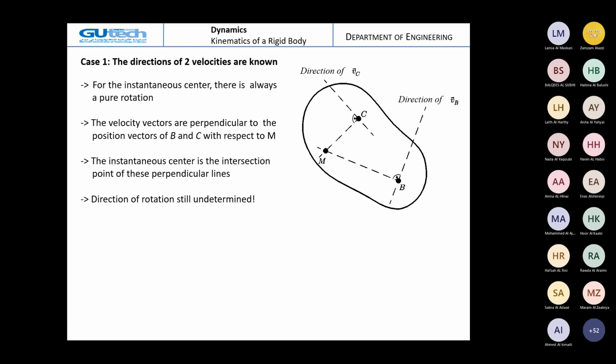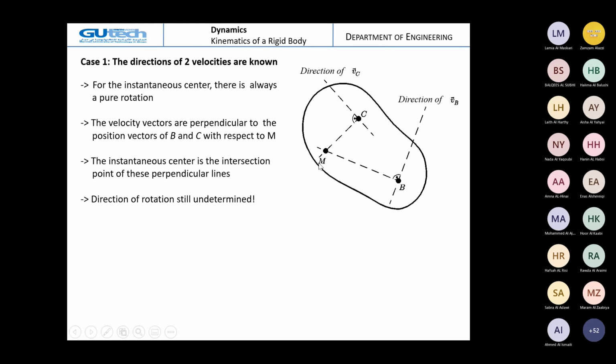It happens that you know the direction only, but you don't know the values of these velocities, or you know the values. In this case, you have only to consider the directions.